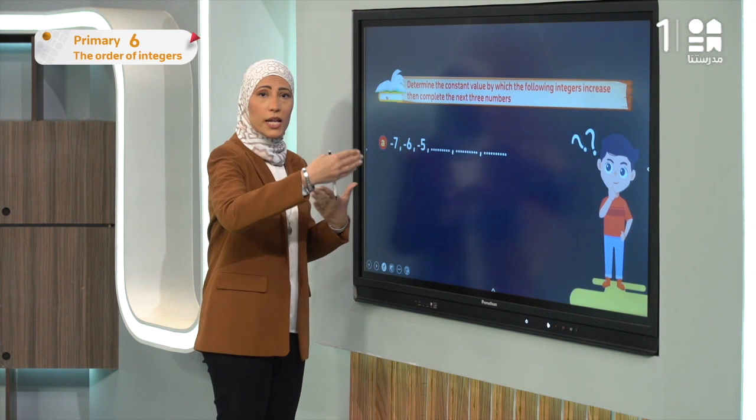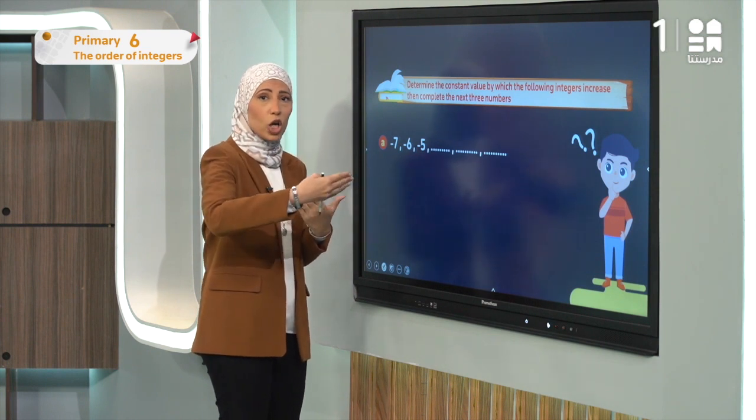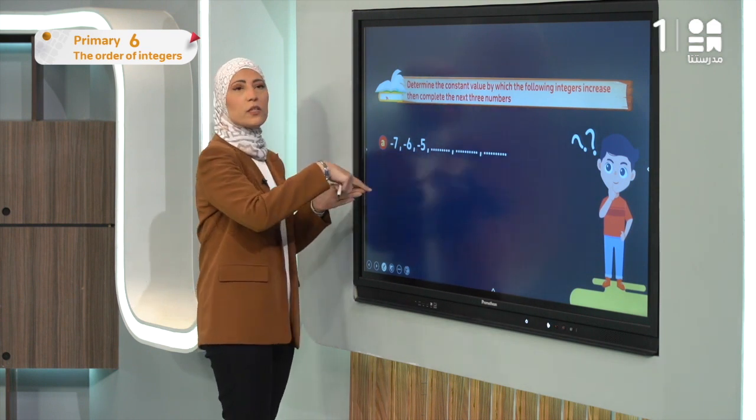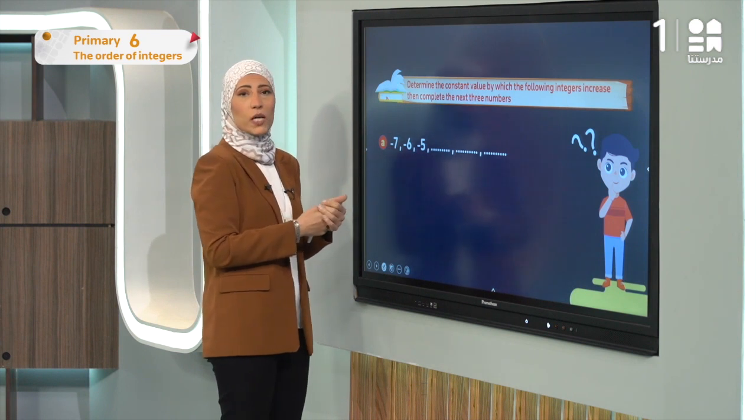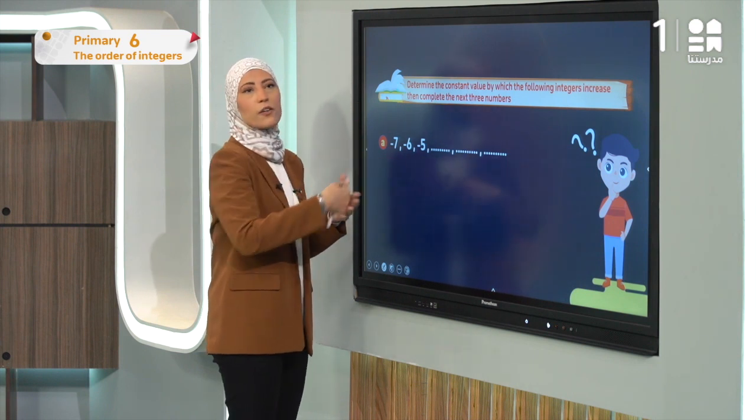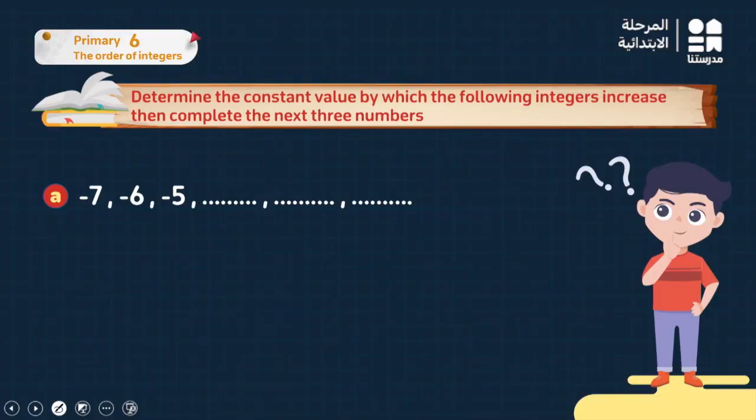Your integers are getting bigger by 1, because negative 7 is smaller than negative 6 by 1, negative 6 is smaller than negative 5 by 1, and so on. So after negative 5, what is the number right after it? Negative 4, and negative 3, negative 2, the last one.